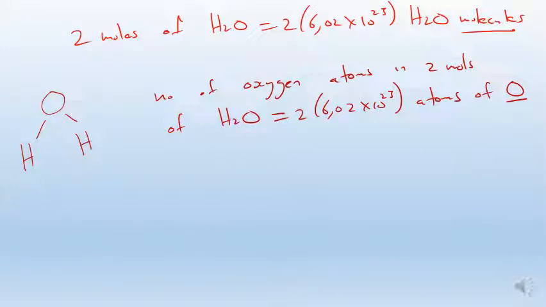So here's the thing, for every 1 water molecule, you have 1 oxygen atom. So if I have 2 times 6,02 times 10 to the power 23 water molecules, then I should have 2 times 6,02 times 10 to the power 23 oxygen atoms. Does that make sense? Please read through before moving on to the next slide.